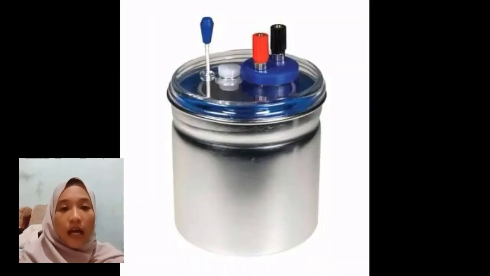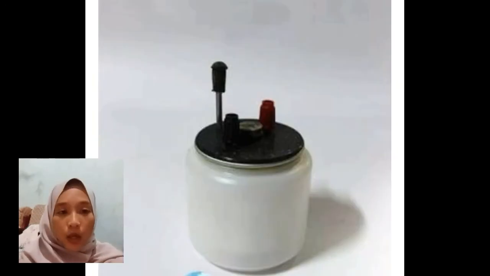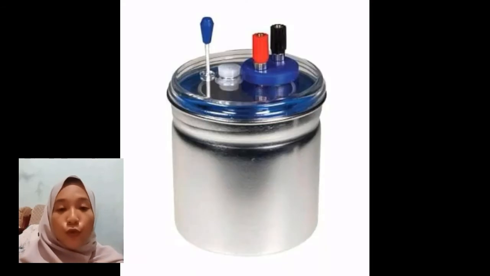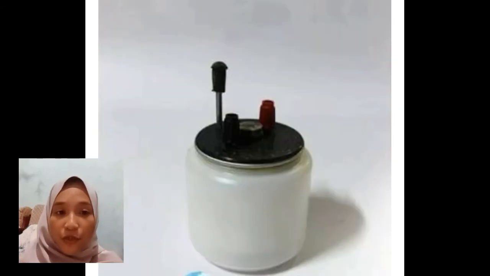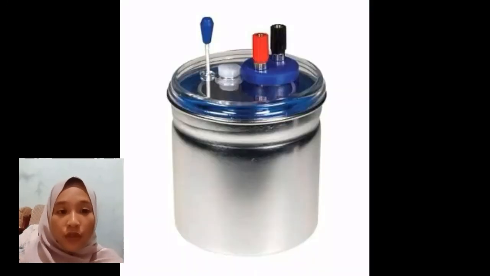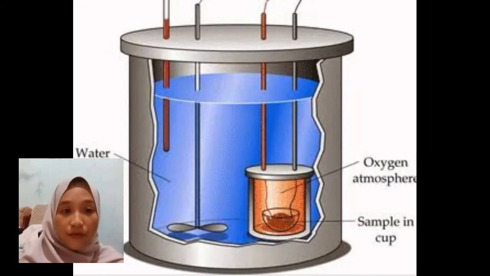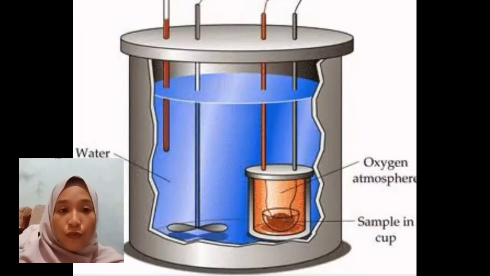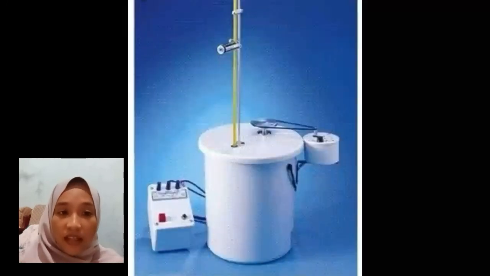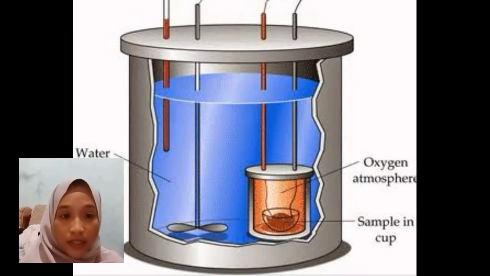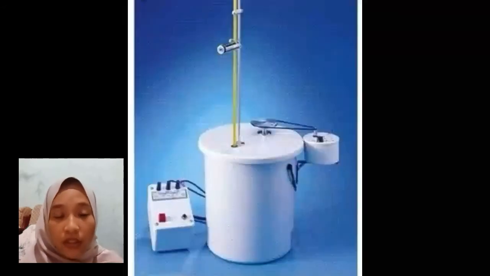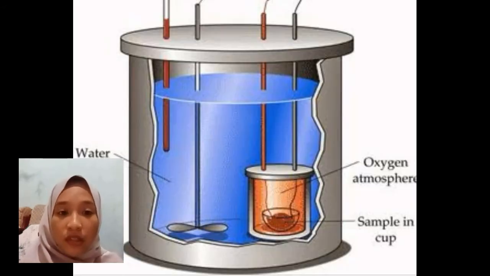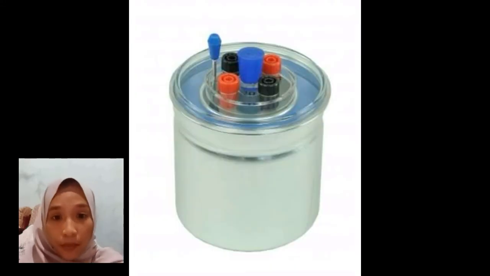Next is a calorimeter. A calorimeter is a device used to determine calories by measuring changes in temperature and changes in thermal effects. A calorimeter is also a tool used for several experiments related to calories. This tool allows minimum heat transfer to the surrounding environment.